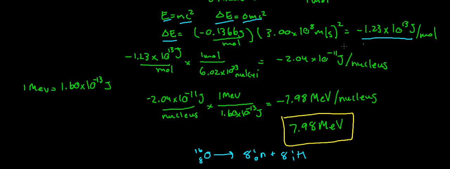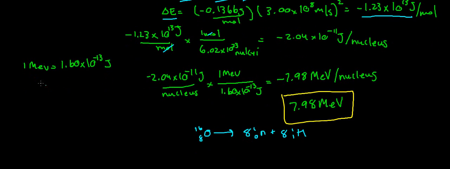So we'll take these joules per mole and convert to nuclei again, so the moles cancel, and this is minus 2.04 times 10 to the minus 11th joules per nucleus. Now we'll use MeV, which is in electron volts. So now we'll make the conversion, minus 2.04 times 10 to the minus 11th joules per nucleus, converted to MeV.